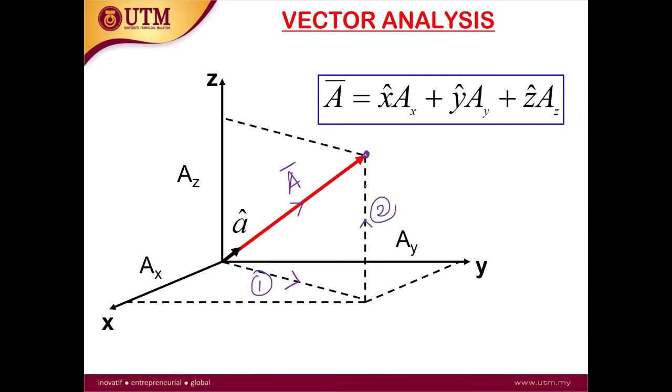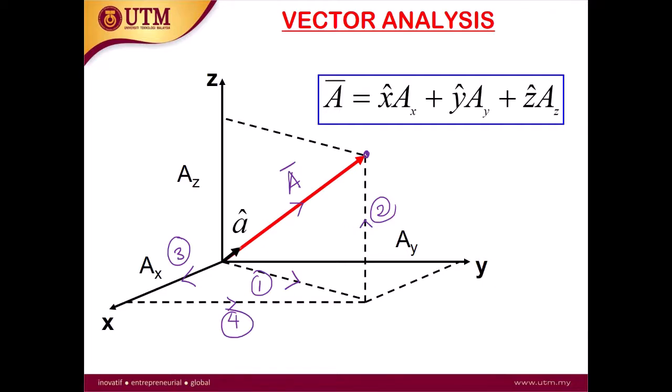The vector 1 is equal to vector 3 plus vector 4. So the A here is equal to vector 3 plus vector 4 plus vector 2.